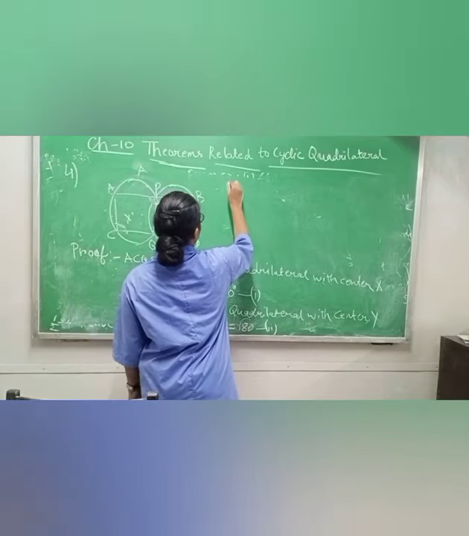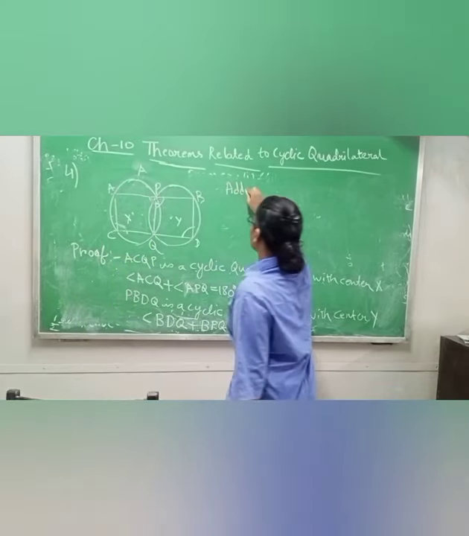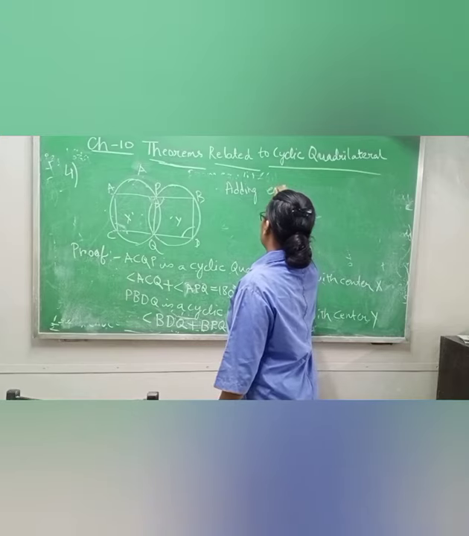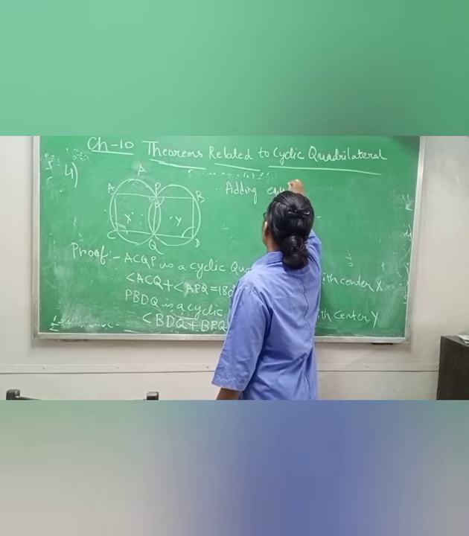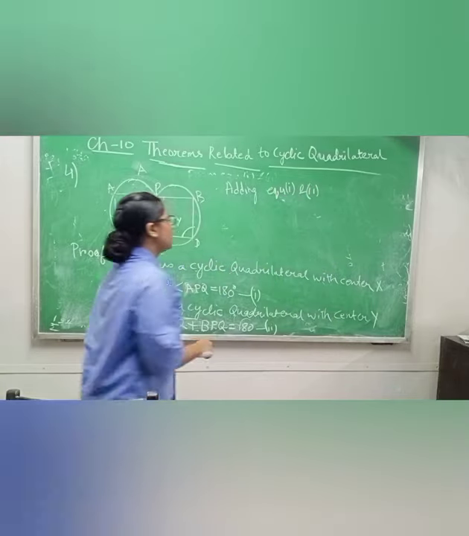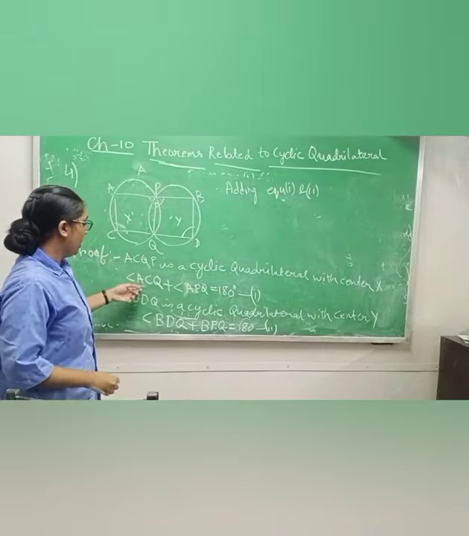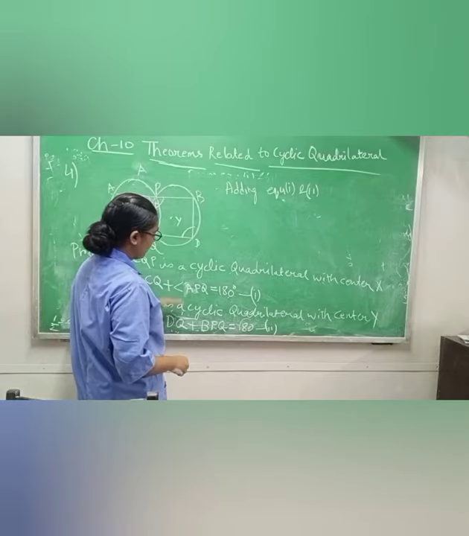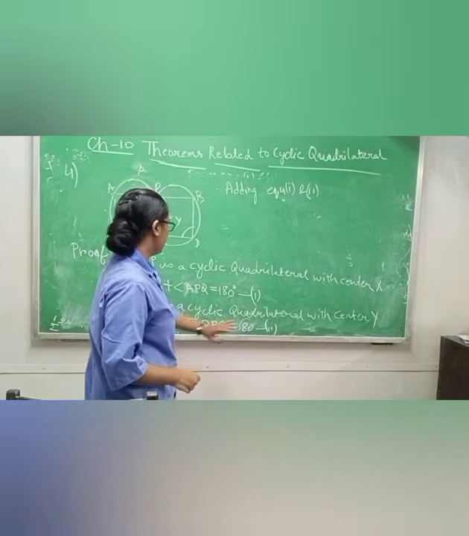So what I am writing? Adding equation 1 and 2. When I add equation 1 and 2, I will add left hand side with left hand side and right hand side with right hand side.